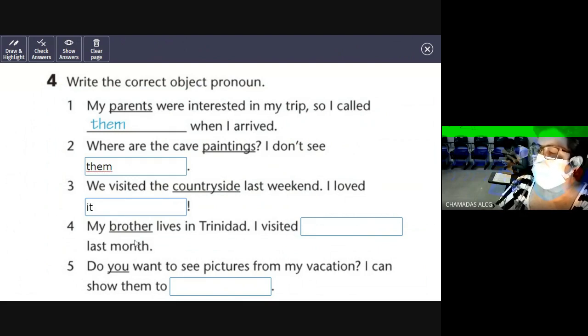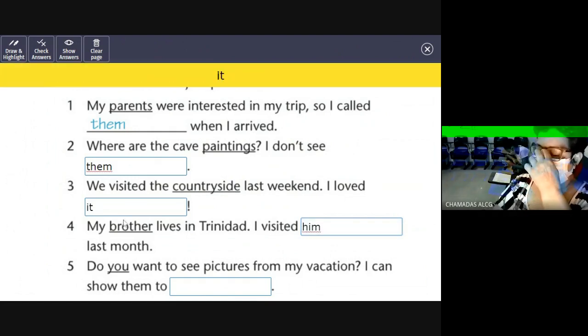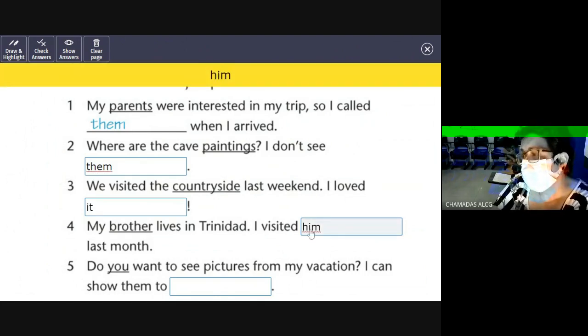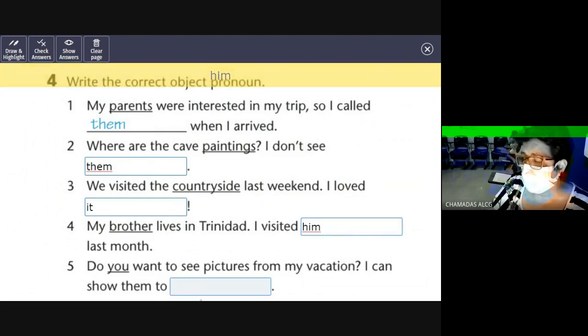I visited him. It's singular, but it's a person and it's male. So him. Okay, it's a man, a boy, him.